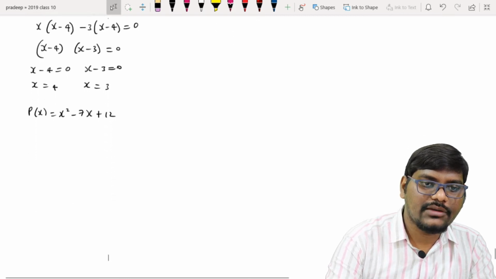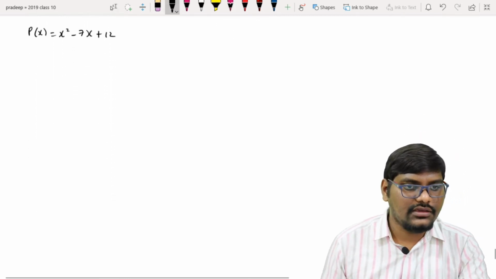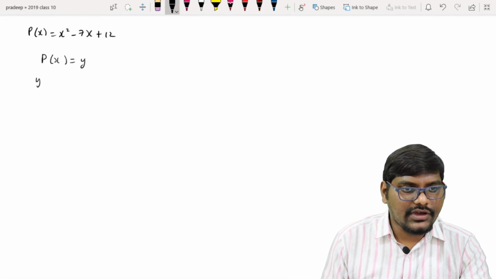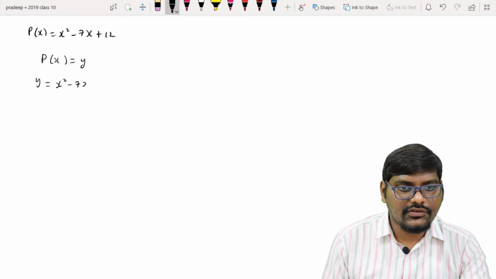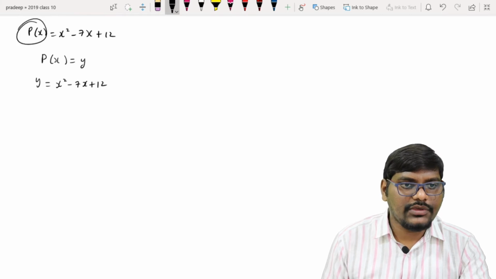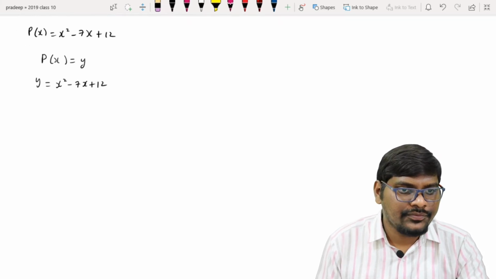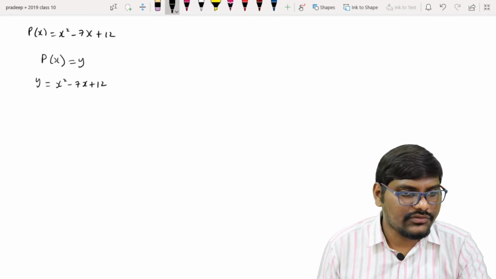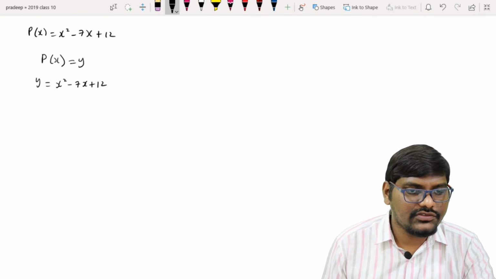This p of x we are representing with y. So I can write p of x is equal to y, so y is equal to x square minus 7x plus 12. We are representing p of x as y, so I can write this equation in this form.